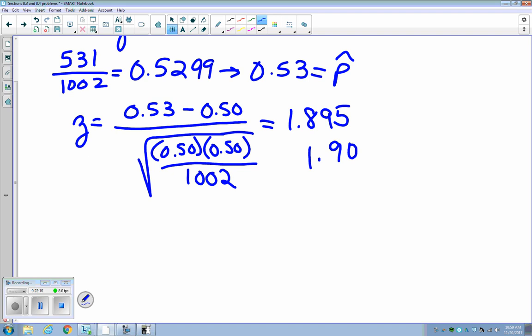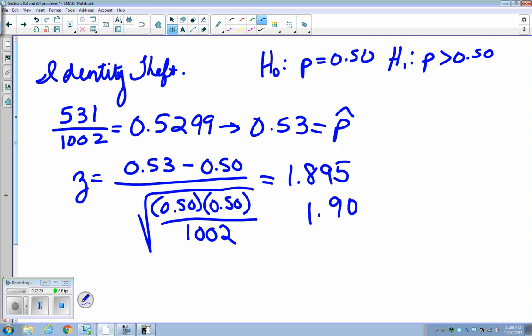Is this a one-tailed or a two-tailed test? It's a one-tailed test because it is greater than, correct? This says greater than. This is telling me it's a one-tailed test.